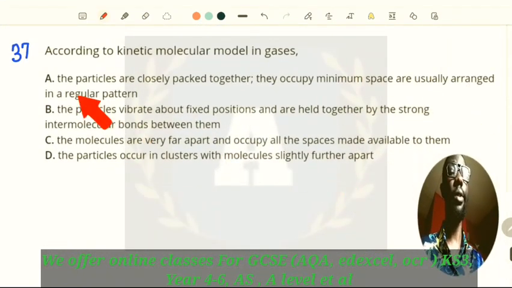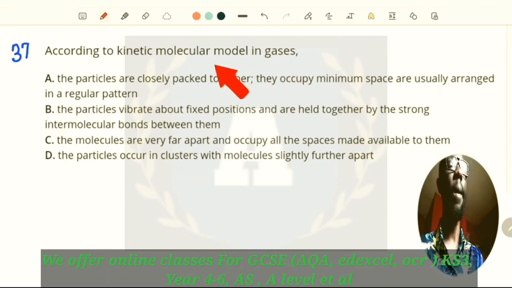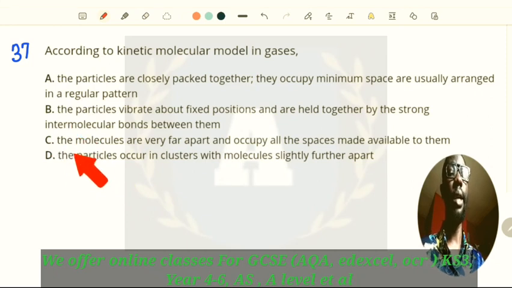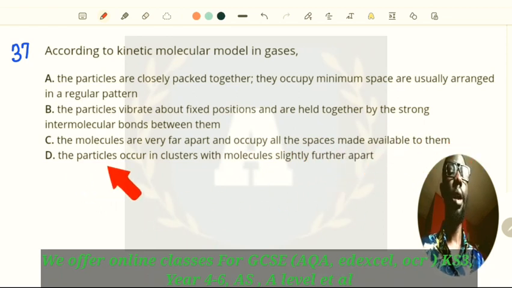Now the next question says, according to the kinetic molecular model of gases, what happens to gas? The molecules are far apart and occupy all the space made available to them. The particles occur in clusters, never.